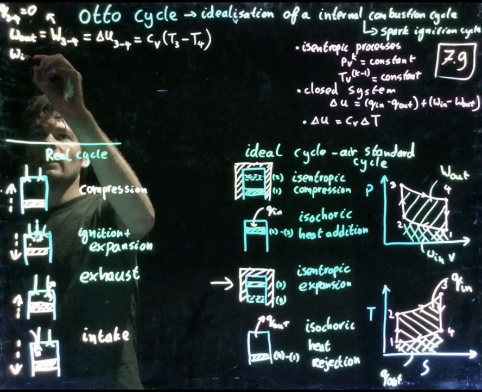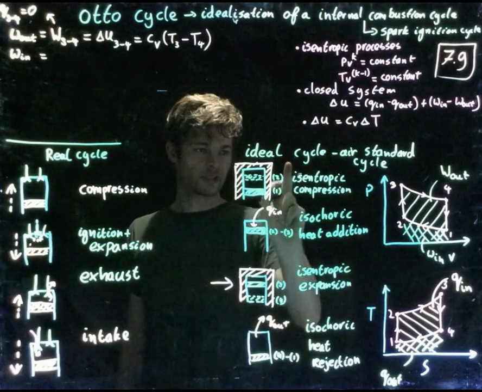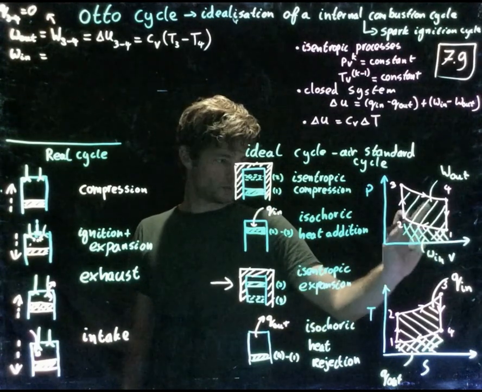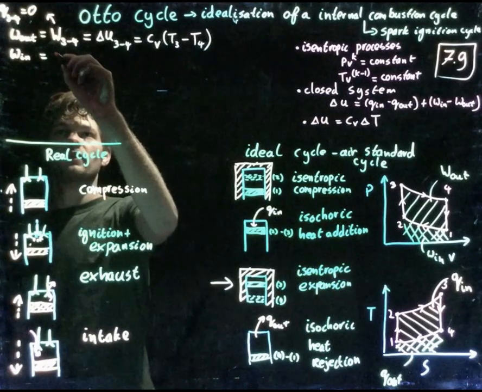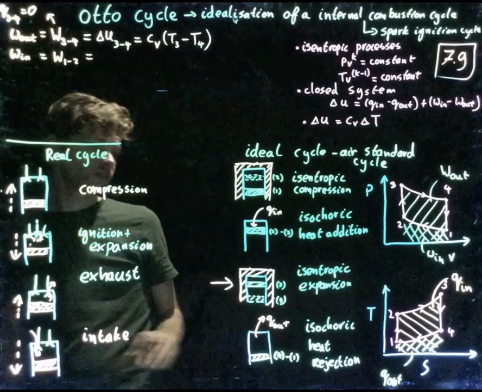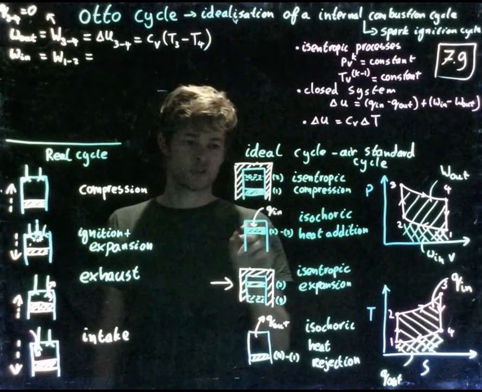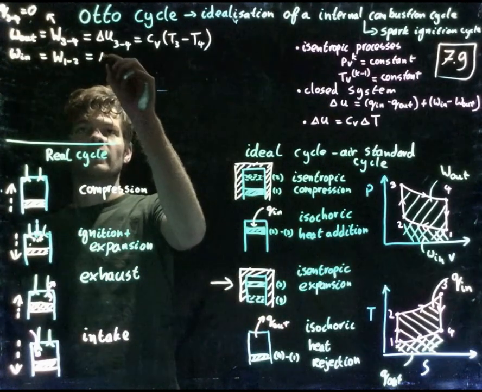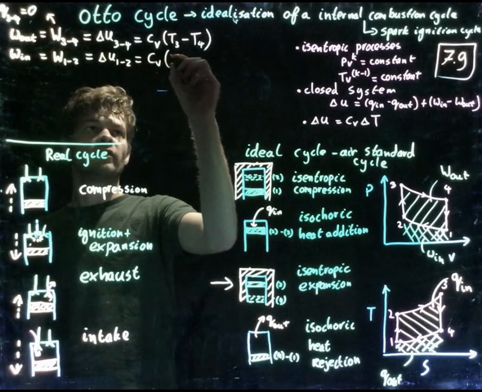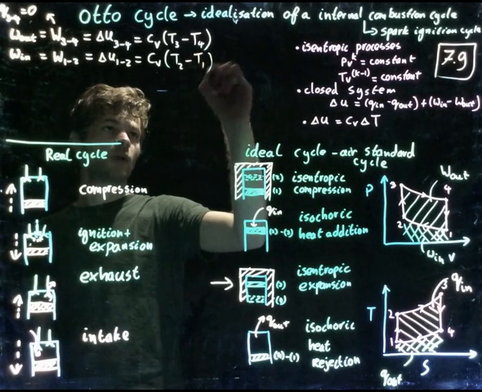So for the work input, the work input that happens during this process, going from 1 to 2, is equal to work 1,2. Since there is no heat exchange, it's perfectly isolated again, we know that this is equal to delta U 1,2, which gives me CV (T2 minus T1).